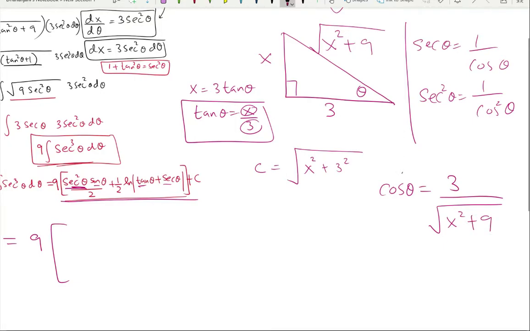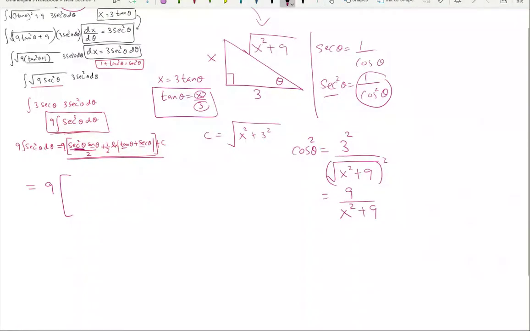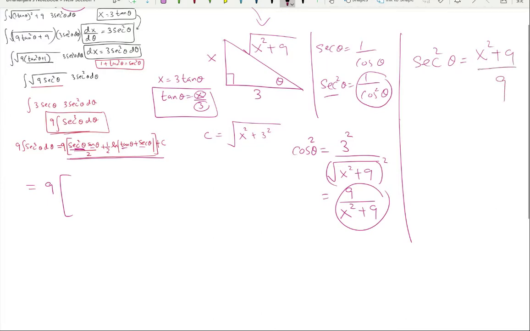So cosine square is 3 square over the square of this, so 9 over x square plus 9, because the square root is gone. But now you need 1 over cosine square to get secant square, so secant square is going to be the reciprocal of this, x square plus 9 over 9. So secant square theta is x square plus 9 over 9.